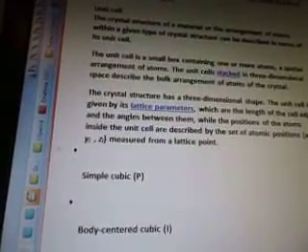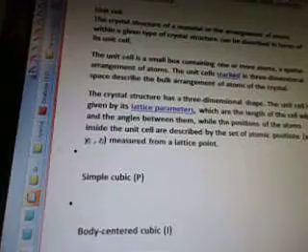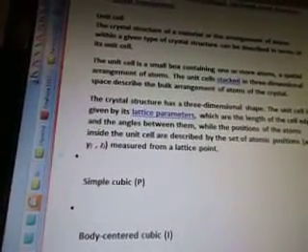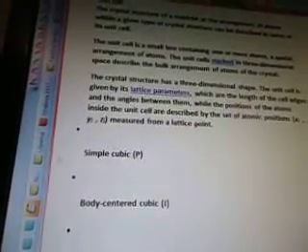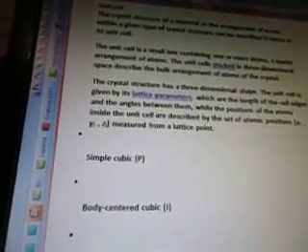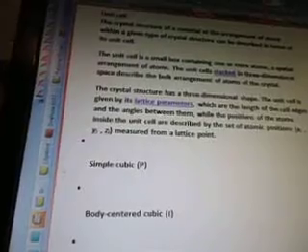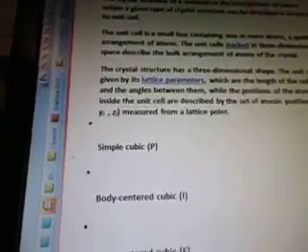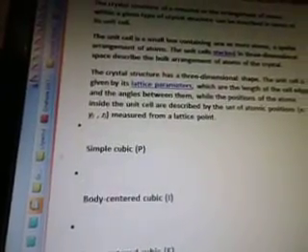The unit cell is given by its lattice parameters, which are the length of the cell edges and the angles between them, while the positions of the atoms inside the unit cell are described by the set of atomic positions. Maybe I'm saying it wrong. x_i, y_i, z_i, measured from a lattice point.